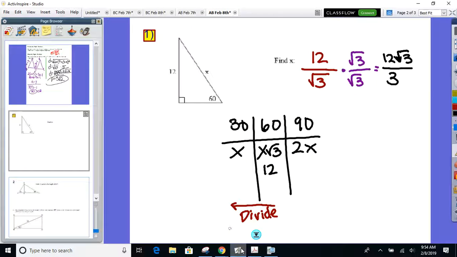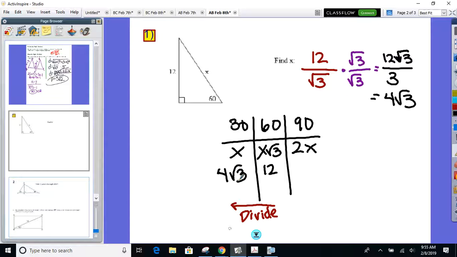What can I reduce here? So what do I end up with? Is that my answer? No, that's the side across from 30. Remember, dividing by radical 3 got me that side. So that's 4 radical 3.